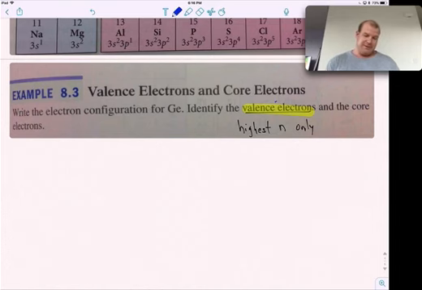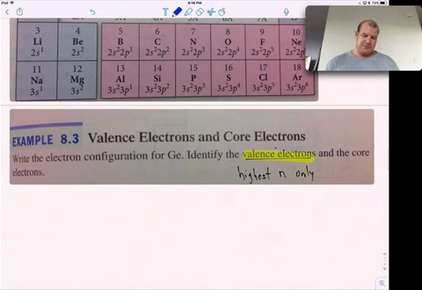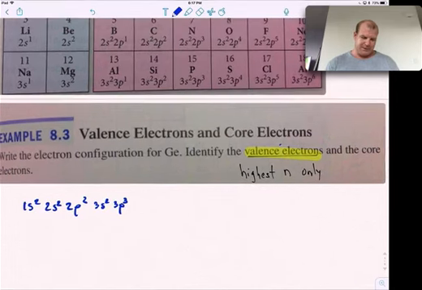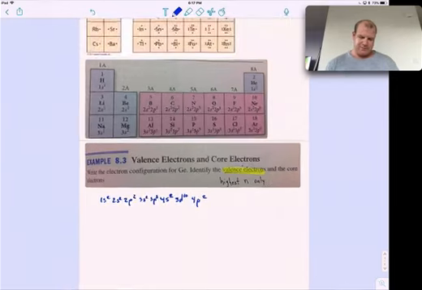So germanium is underneath silicon. It's 1s2, 2s2, 2p6, 3s2, 3p6, then it goes 4s2, 3d10, 4p2.